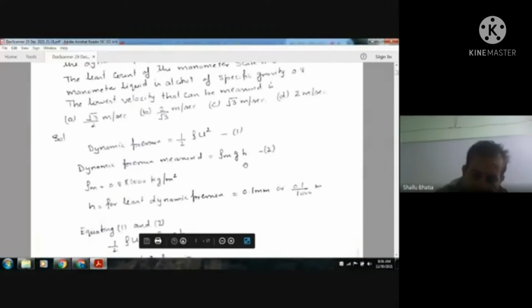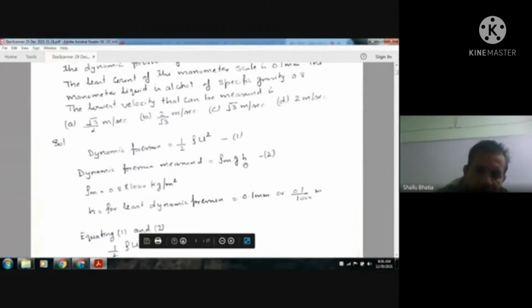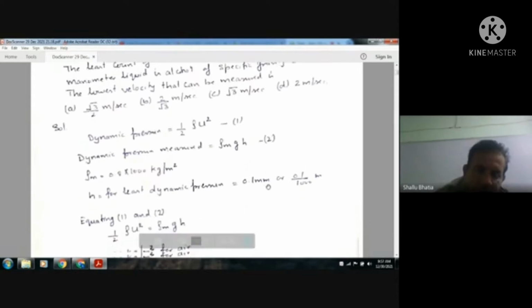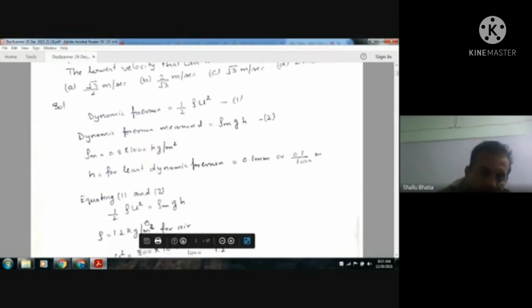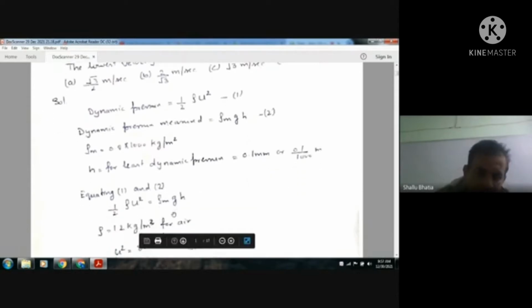So equating these 1 and 2. If we have to measure the lowest velocity, we have to equate these two, because when we put h equal to 0.1 mm, this is the least dynamic pressure. So equating 1 and 2, half rho u square is equal to rho m g h.